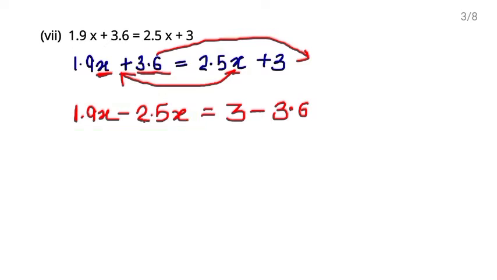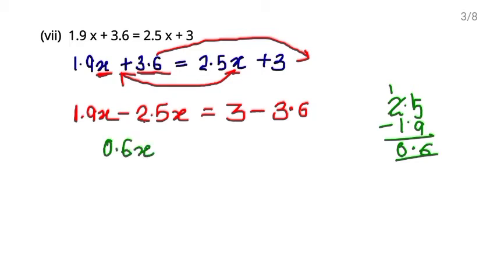Subtract 1.9 from 2.5. Take borrow. 15 minus 9 is 6. You can write 0.6. So I am writing here 0.6. Variable is x. And the sign will be negative because the greater numeral is 2.5 and its sign is negative.